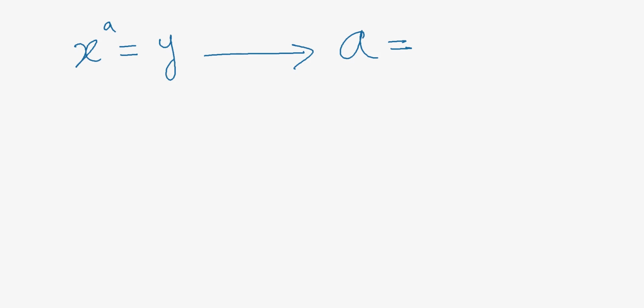I told you, Napier just looked into log. If I have x power 1, that is my x, right? So if I'm asking, I want 1 to be expressed in terms of x and x. That is the question, right?